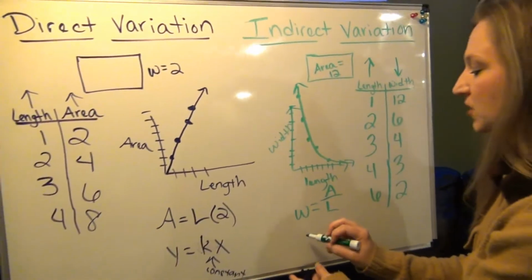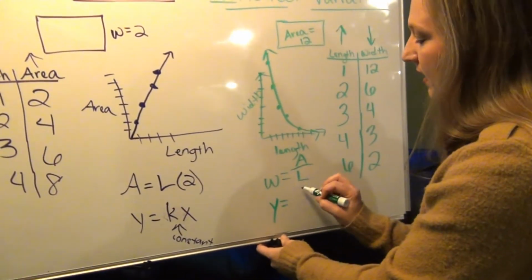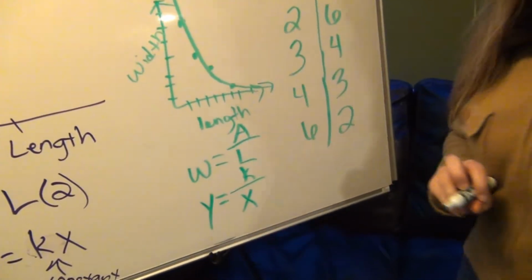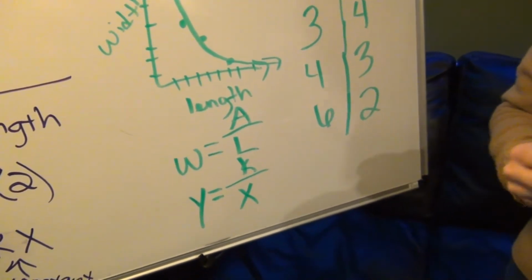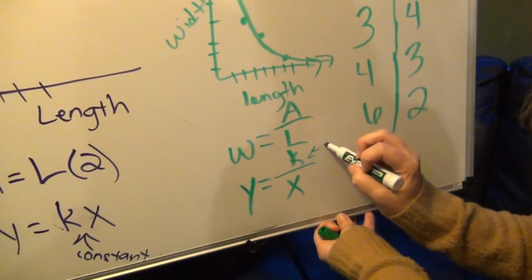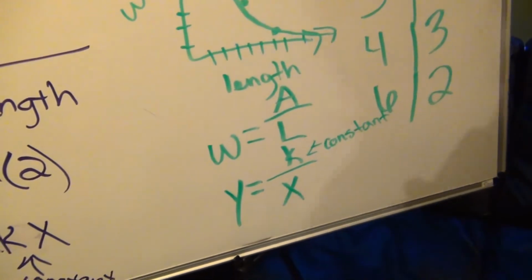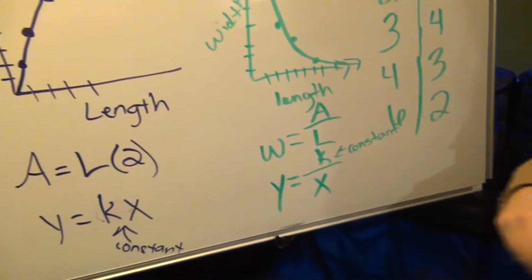So the formula for indirect relationship is our constant is divided by our input. K is still our constant, just like direct variation, but now it is being divided by.